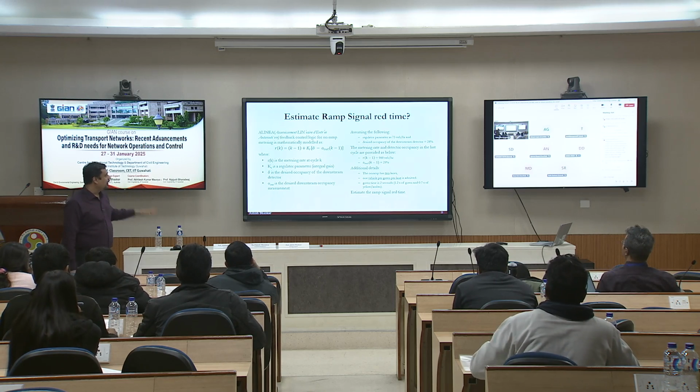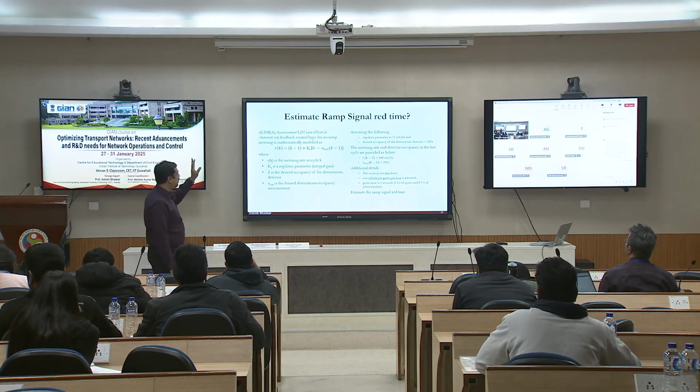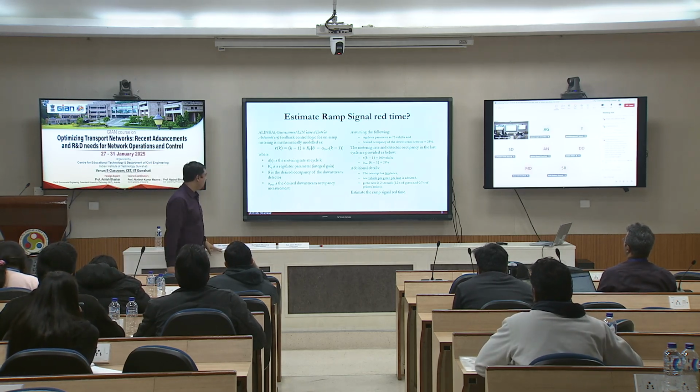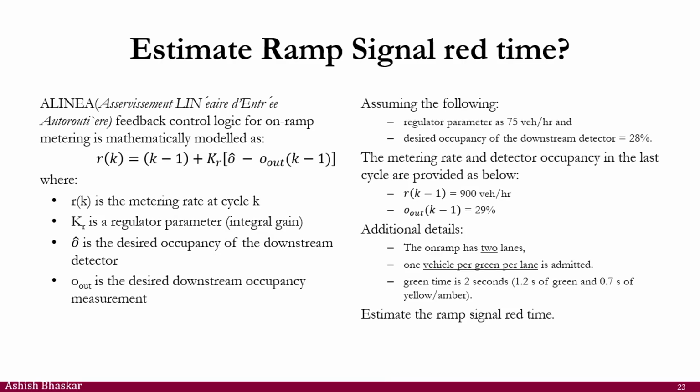We are saying that assume the regulator parameter is 75 vehicles per hour, desired occupancy is 28% at a downstream detector, arrival flow, the metering rate for the last time interval was 900 vehicles per hour. Your current output occupancy is 29%.